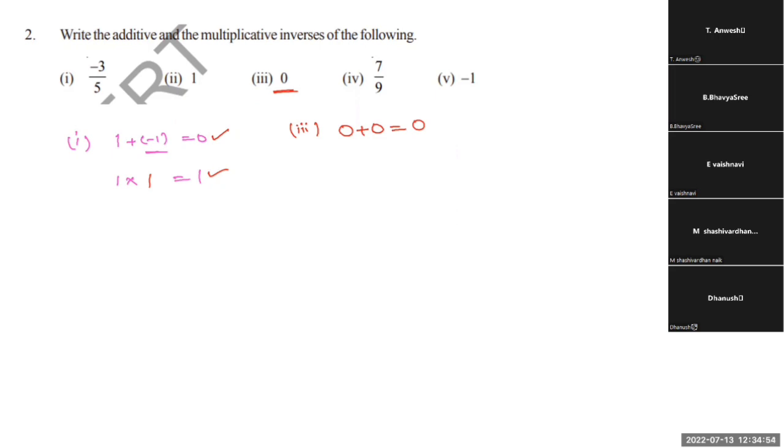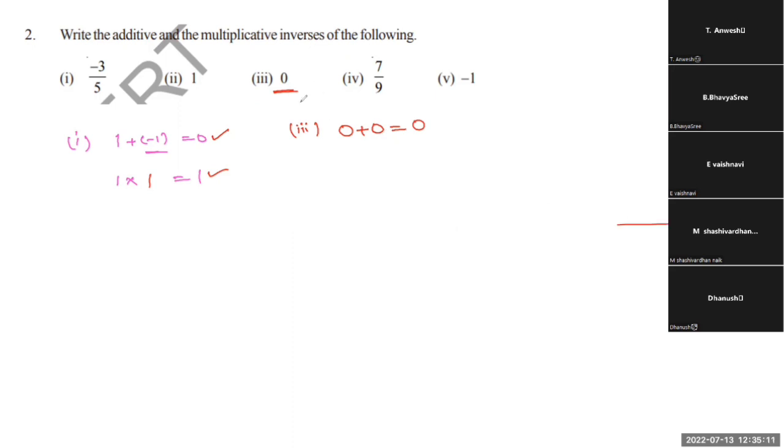When you consider 0 as a whole number, and anyone asks to write the additive inverse of the whole number 0 from another whole number, it does not exist. It is only possible by 0. Otherwise, for any other values, it does not exist.